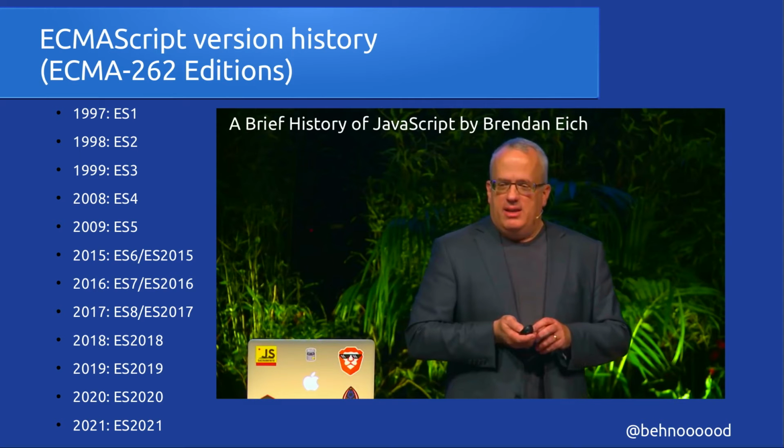There's one thing I want to note in here. The sixth edition of ECMAScript came out in 2015, so we call it ES 2015 or ES6. So as you can see in here, since 2015, every year a new version or a new edition of ECMAScript comes out with some breaking changes and new features.